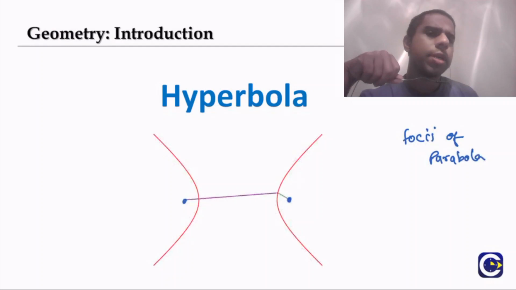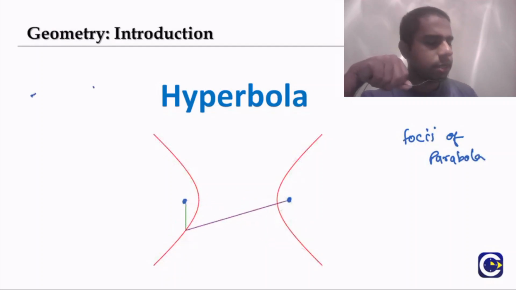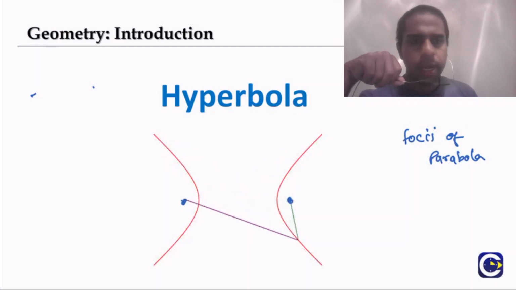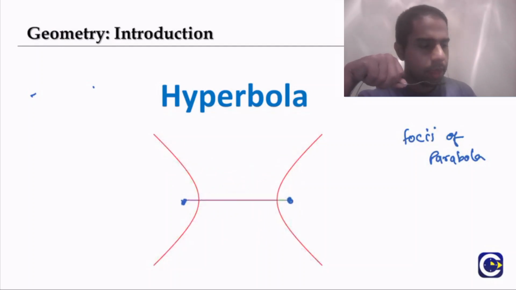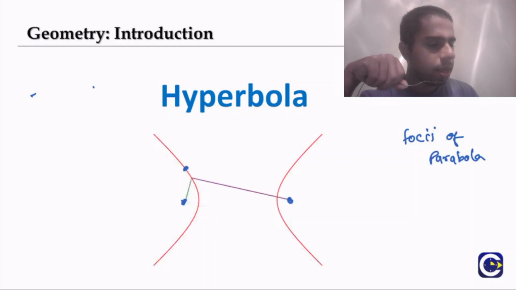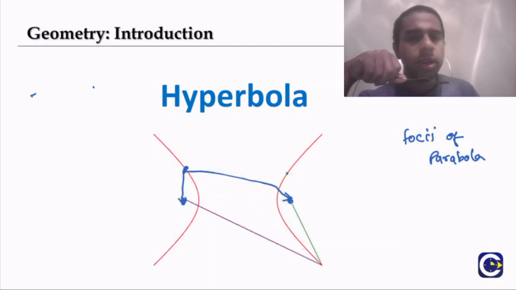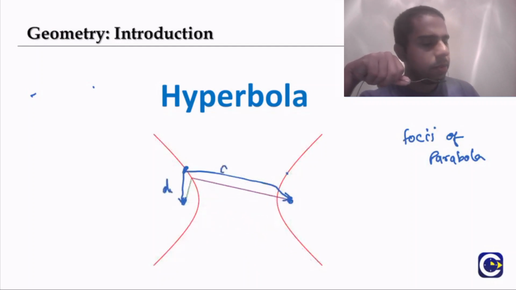Now how you construct it is, I'm fixing 2 points, and then I want to plot points everywhere where the difference between that point and the foci is the same. For example, if I'm taking this point, and this length and this length, let it be d1, let it be d2.